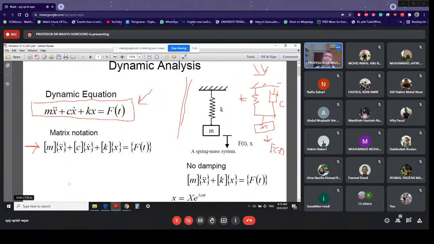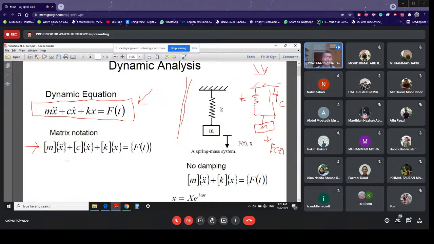Let's compare this equation with the static equation. What is the static equation? Static means you don't have motion. You have displacement, but we assume it is static, meaning the displacement is fixed. It's not a function of time, because if the displacement is a function of time, then you have a dynamic motion or vibration. Because of that, in a static problem you don't have acceleration.